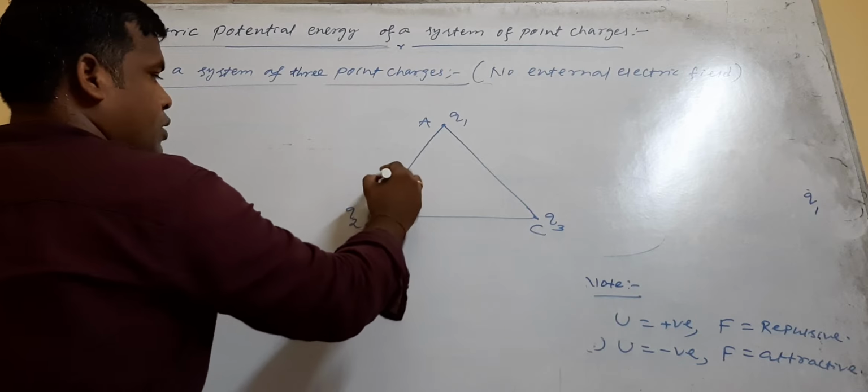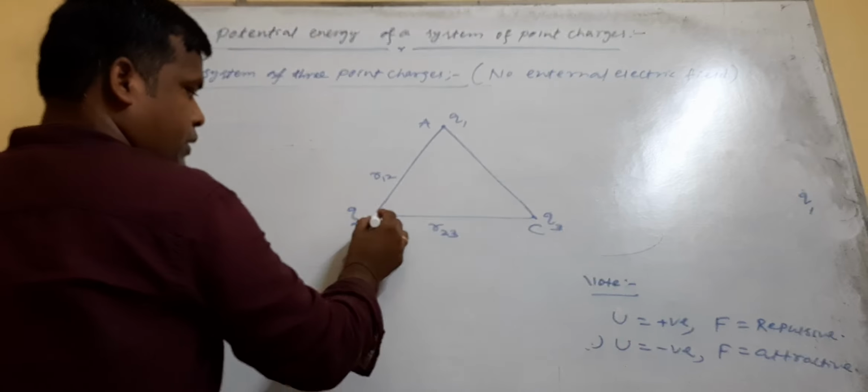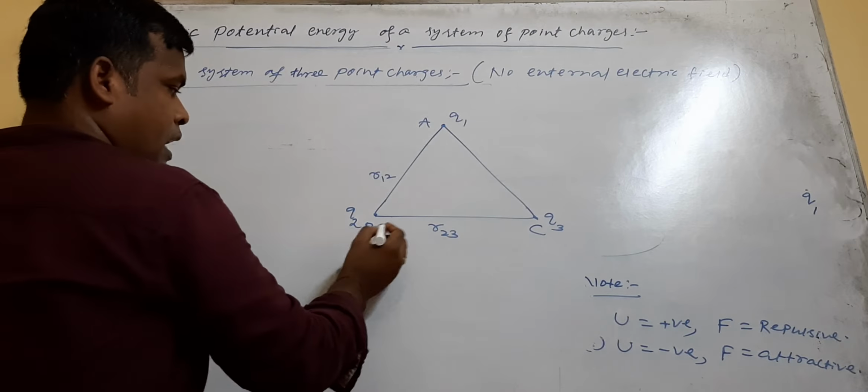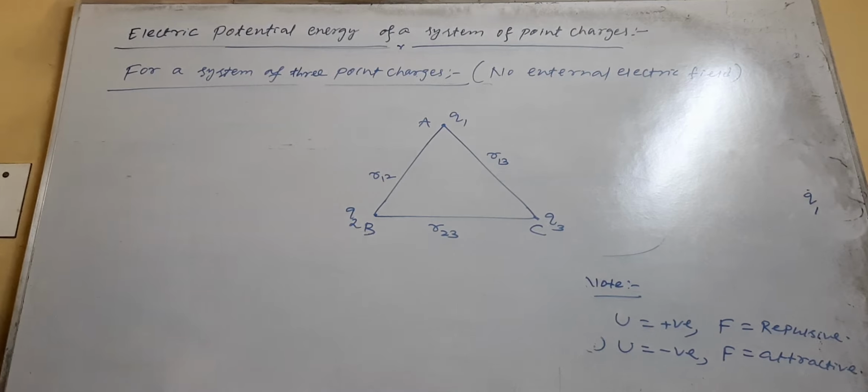Let the distance between Q1 and Q2 be R12, between Q2 and Q3 be R23, and between Q1 and Q3 let it be R13. What is the potential energy of the system?